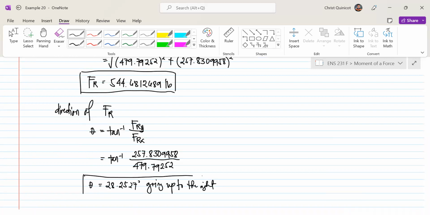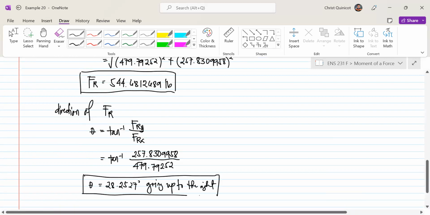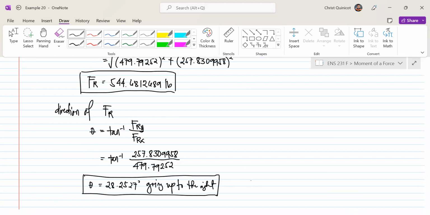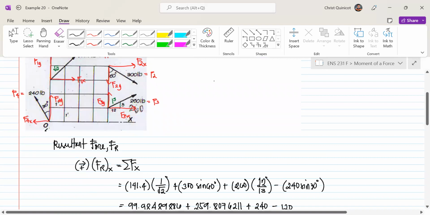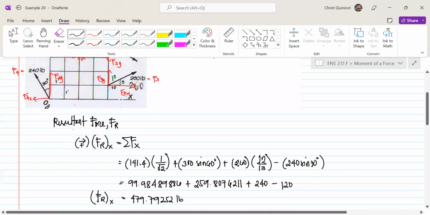This is our direction. Now, in order for us to find the distance of our F sub r from point O, which is here, we must do moment summation.